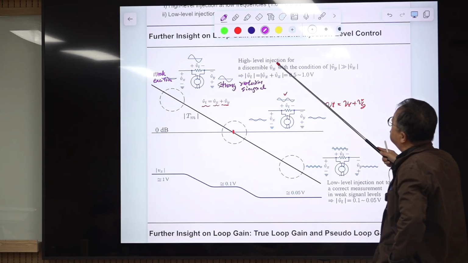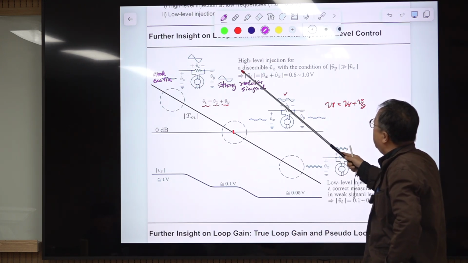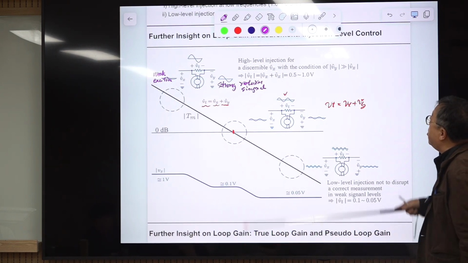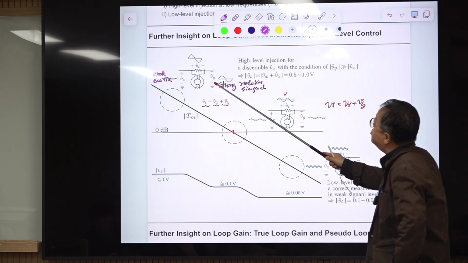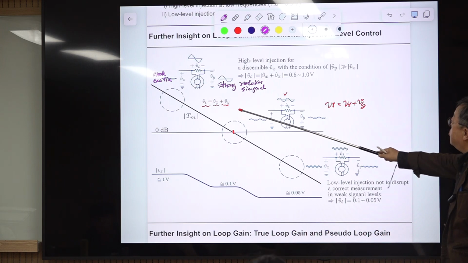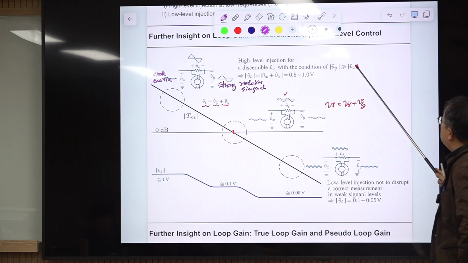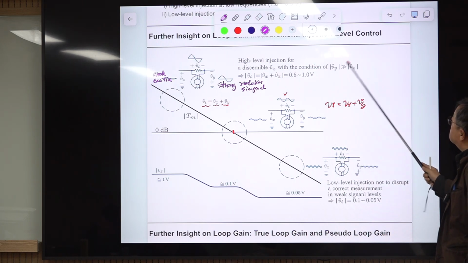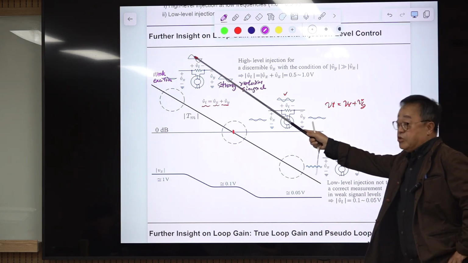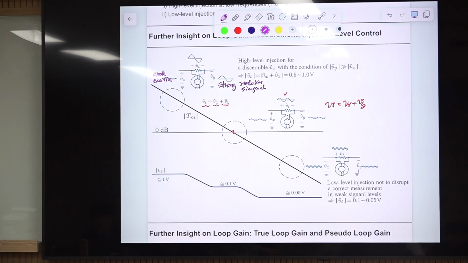High level injection means this voltage is around 1 volt, and discernible means some measurable or workable Vx will be obtained. Under this situation, because the loop gain is very large, the magnitude of this return signal is much larger than the excitation signal. So to have a discernible measurement here, this should be large. So at low frequencies, you need high level injection.